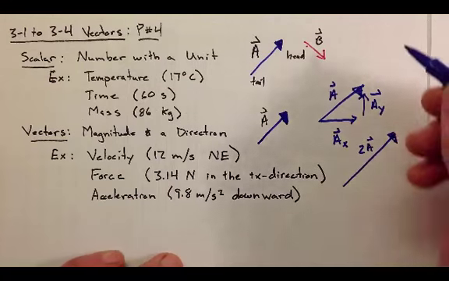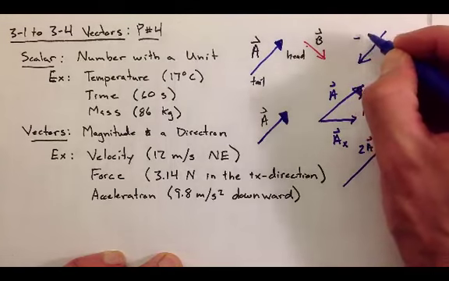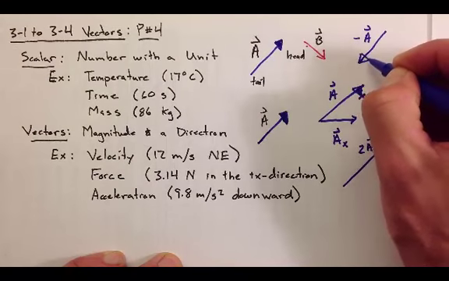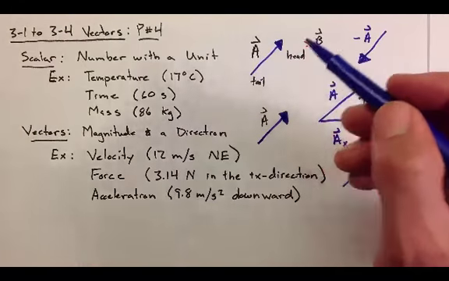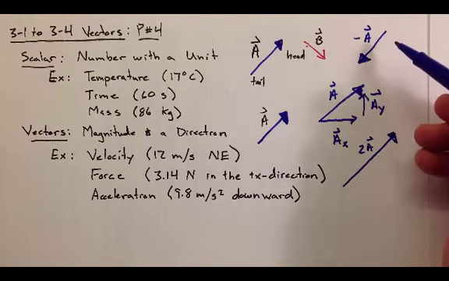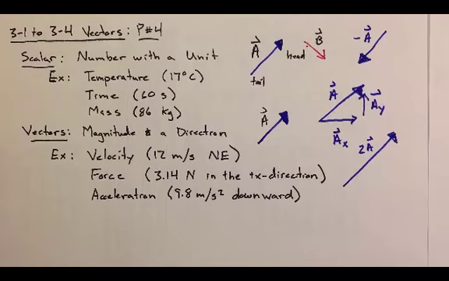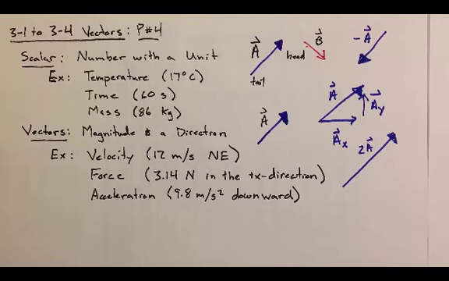I can also multiply a vector by the number -1. This is vector -A. It has the same length as vector A, but it points in the exact opposite direction that vector A does. And I could have vector -3A, right? It would point in the opposite direction and be 3 times as long. So I can multiply a vector by a scalar.